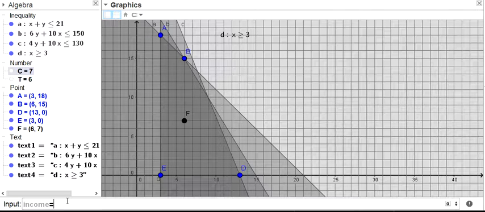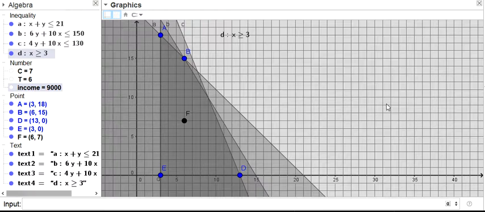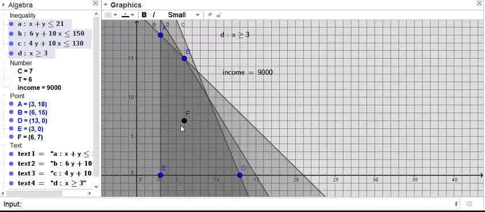That's going to equal $600 for every single acre of corn, so $600 times C, that's a capital C, plus $800 times capital T, and I'll press enter there. Now I can drag this expression income over here so I can track it more closely, and it's telling me the income from this particular point that I'm at.